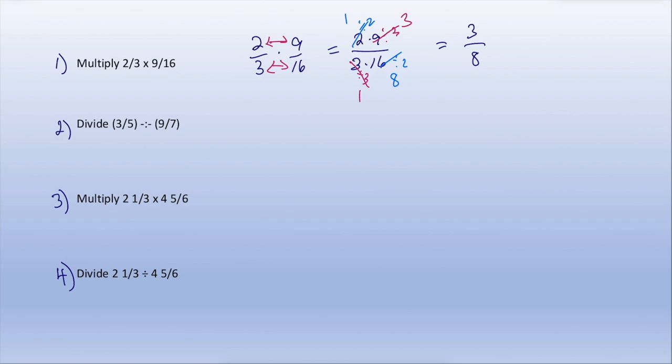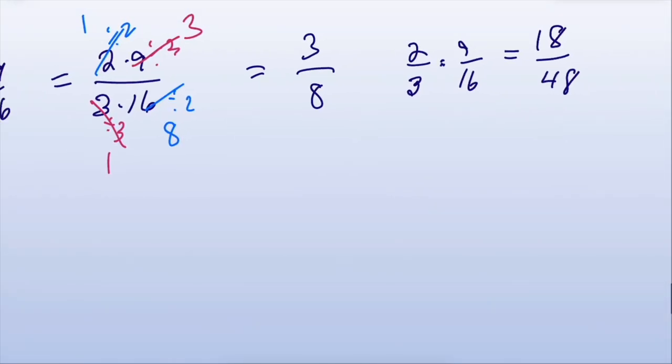Another way, I'm going to rewrite the problem. Multiply tops with tops, get 18. Multiply bottoms with bottoms, get 48. I would notice, oh, they're both divisible by 2. Divide them by 2.